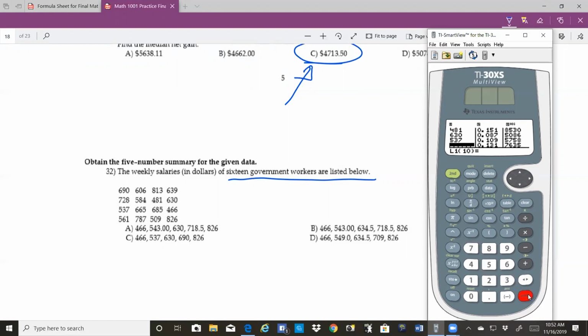You could fast forward on this if you want to. 665, 685, 466, 561, 787, 509, and 826.